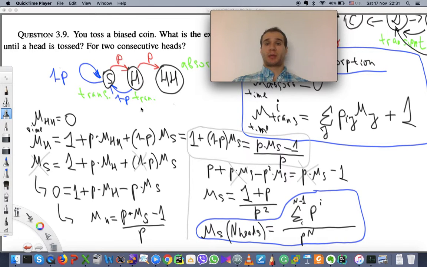Then you apply the following equations, whether it's the equation for absorbing or transient state, and you get to the solution just doing simple math. This is how we solved one type of problem, and in the next video we will solve a problem: what is the probability till absorption.